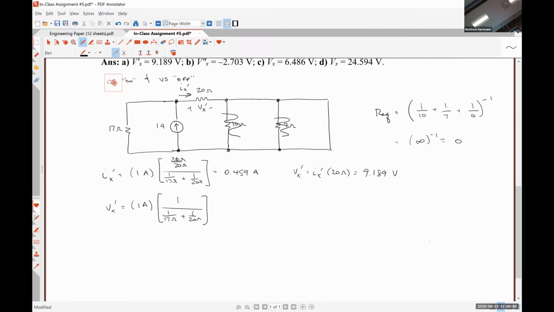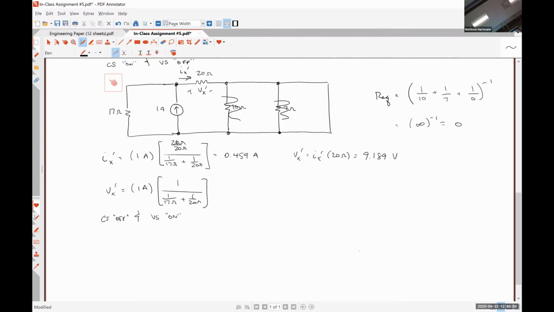So for part B, we're going to have the current source off and the voltage source on. So how do we turn off our current source? An open circuit, which means not even going to draw it.